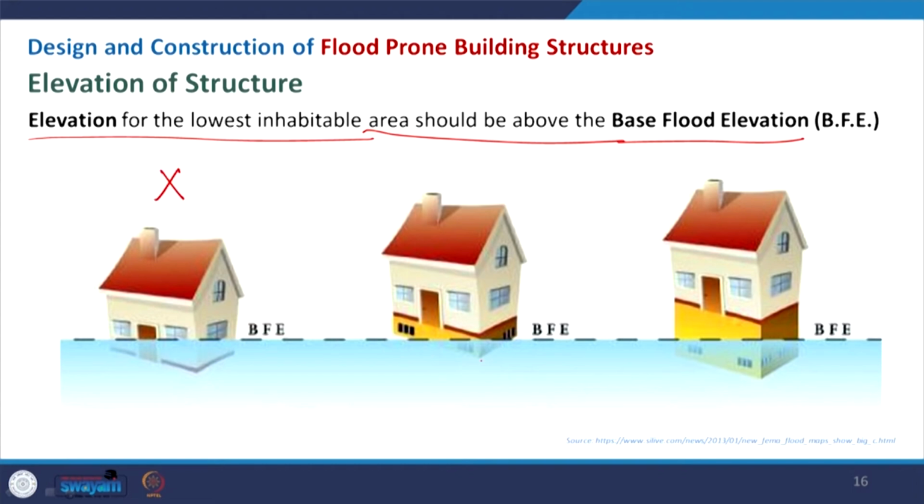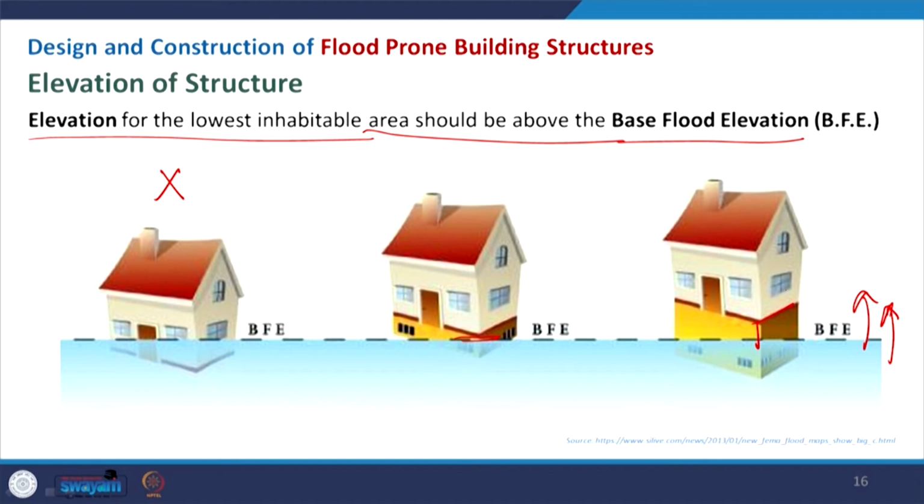And in this case you have plinth up to just at the base flood elevation. So this is somehow better, but this level will go up with continuous rain, and it is definitely subject to go up. So you should make your structure quite above this particular BFE.